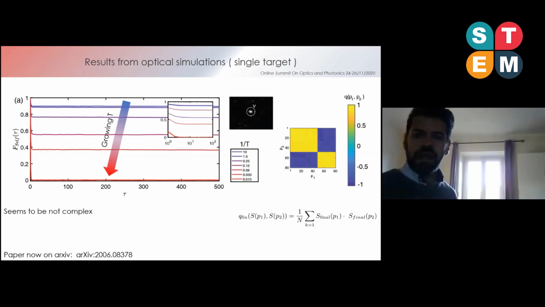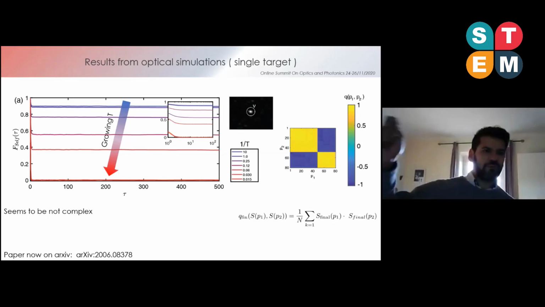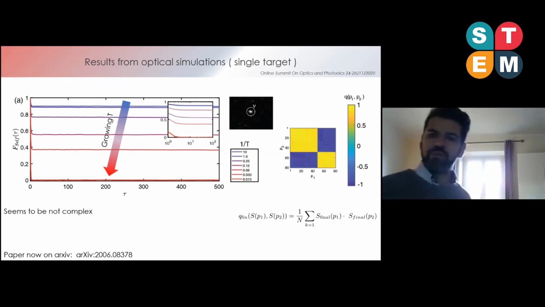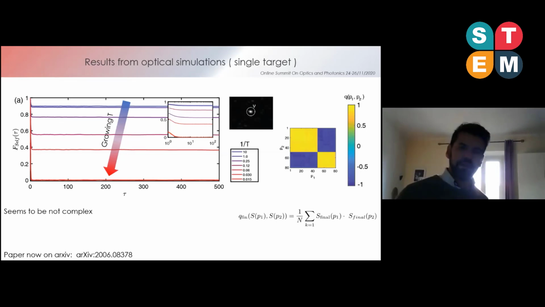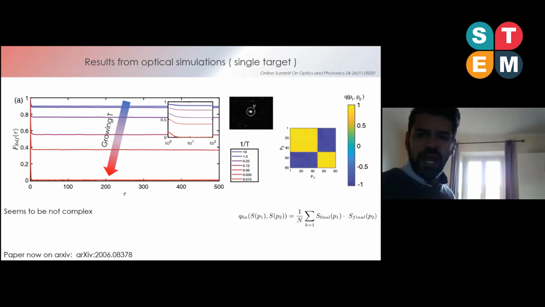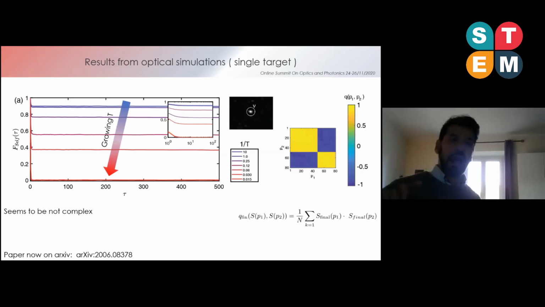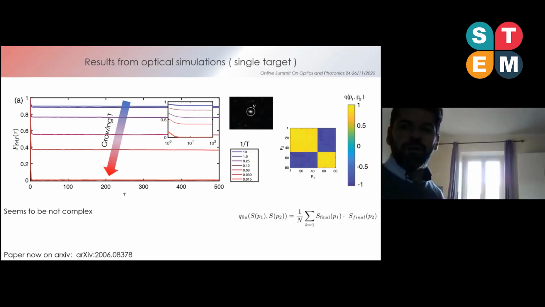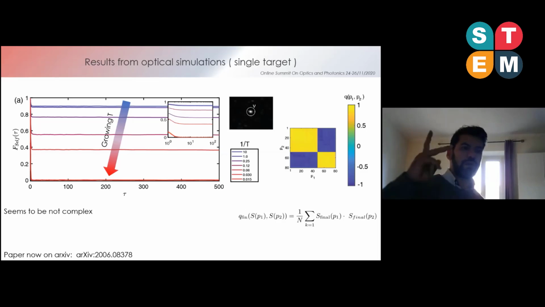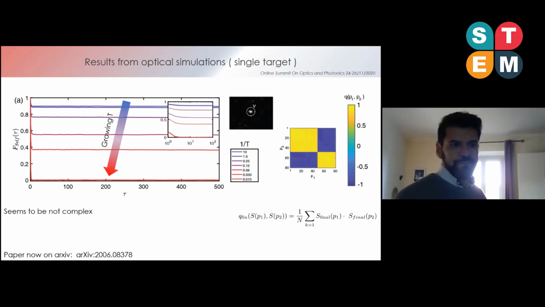So on the diagonal, you have always one, and then you have all other pairings. And you see that this is divided into squares, which are all very similar and antisymmetric. You have -1 with the other configuration. So this means that you have just two states in your system.